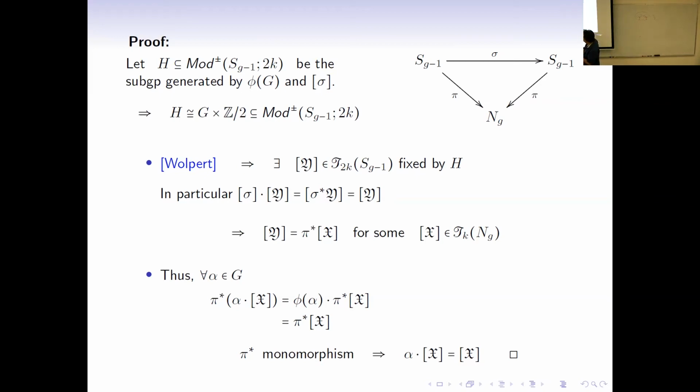That tells you that this structure Y is invariant under the action of sigma, and thus it is in the image of pi star. So the class of Y comes from a class in the Teichmüller space of the non-orientable surface.